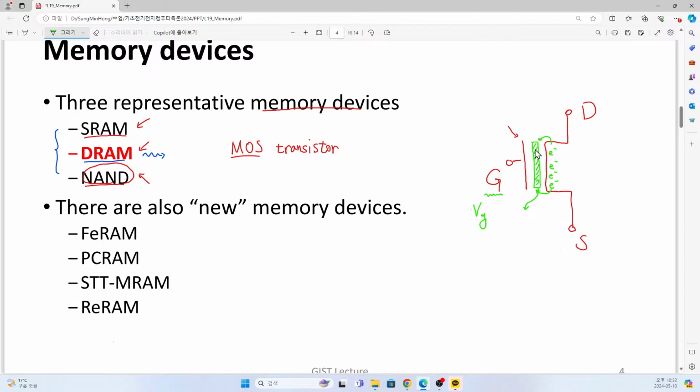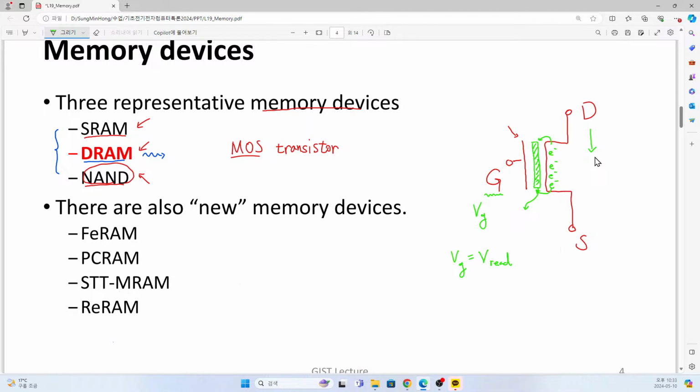Then, since we have certain negatively charged electrons in this part, actually the threshold voltage of this device is increased. So then, at a given read voltage, when you apply the read voltage to the gate, the current obtained from this structure will be significantly reduced.